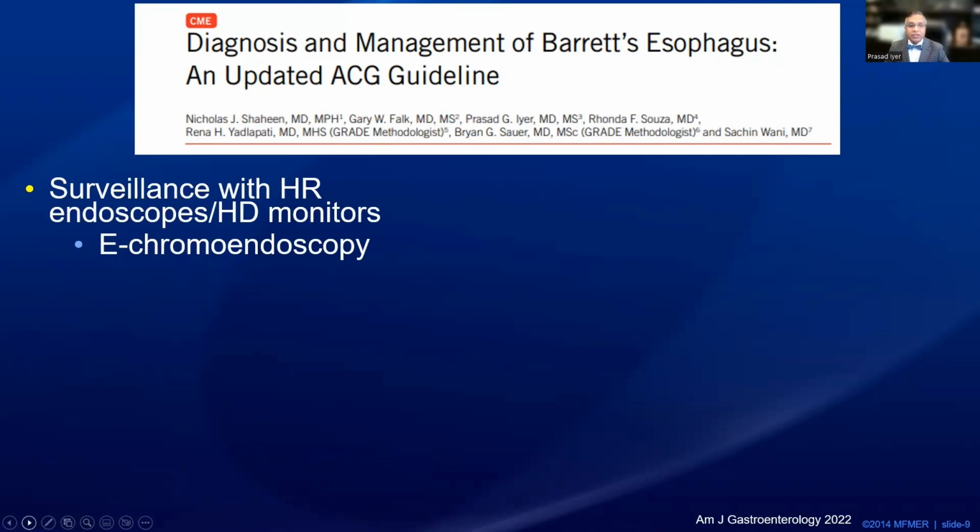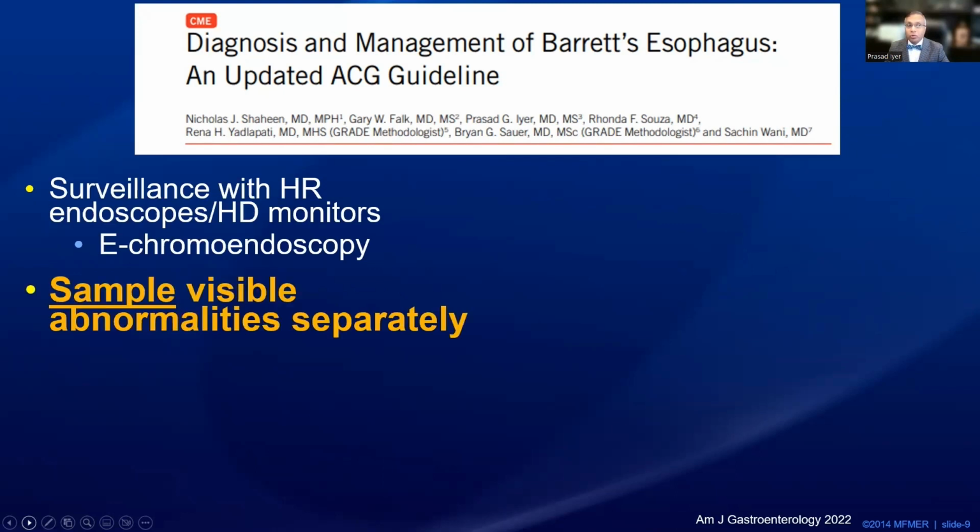Again, this is reiteration: perform careful surveillance with high-resolution endoscopes and high-definition monitors. You should get proficient at some kind of chromoendoscopy. And of course, the goal of all of this is to identify visible lesions. Visible lesions can be flat, they can be elevated, they can be depressed. And the idea is to sample them separately.